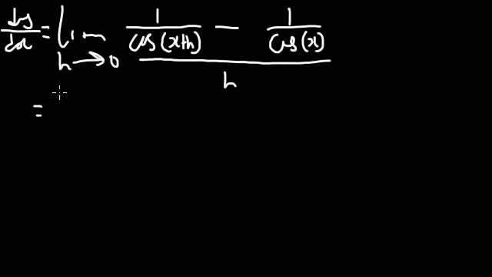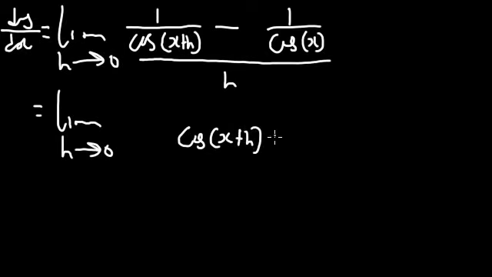So this is equal to the limit as h approaches 0. So let the LCM be cosine of x plus h times cosine x. So let's have the division.